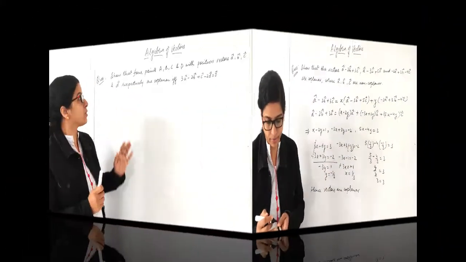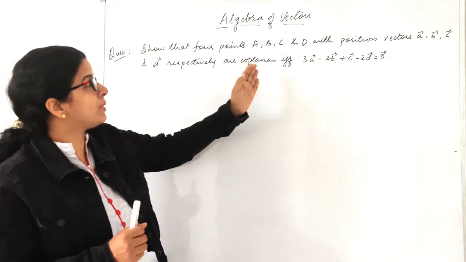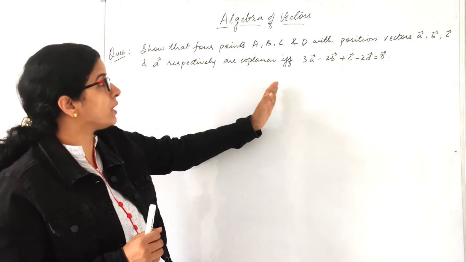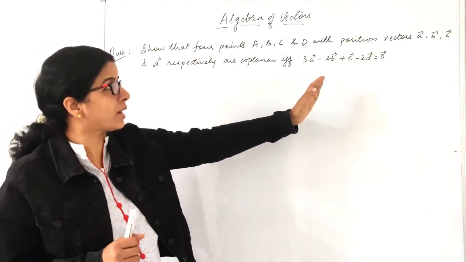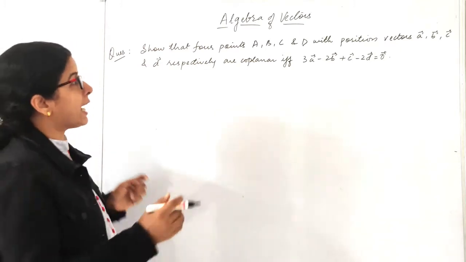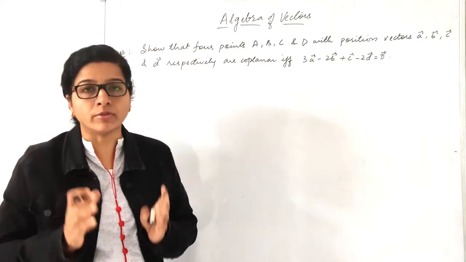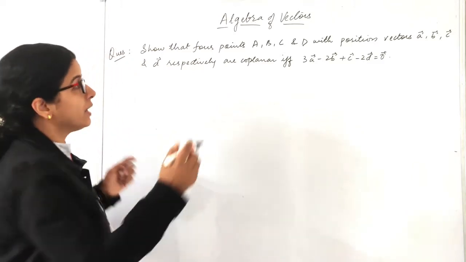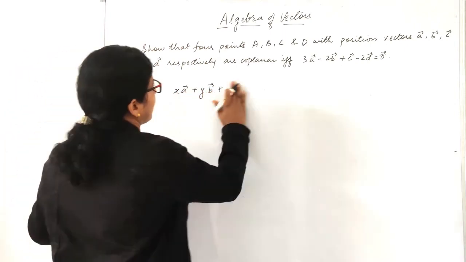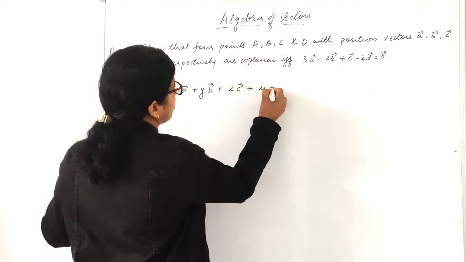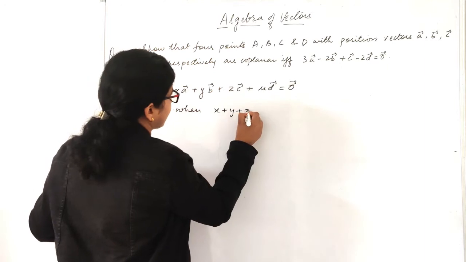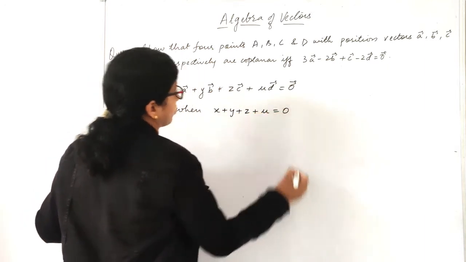Let us take one more question. Show that 4 points A, B, C, D with position vectors A vector, B vector, C vector and D vector respectively are coplanar if and only if 3A vector minus 2B vector plus C vector minus 2D vector is equal to 0 vector. Just now we studied that the 4 points will be coplanar only if we have the condition xA vector plus yB vector plus zC vector plus uD vector equals 0 vector, when x plus y plus z plus u equals 0, right?